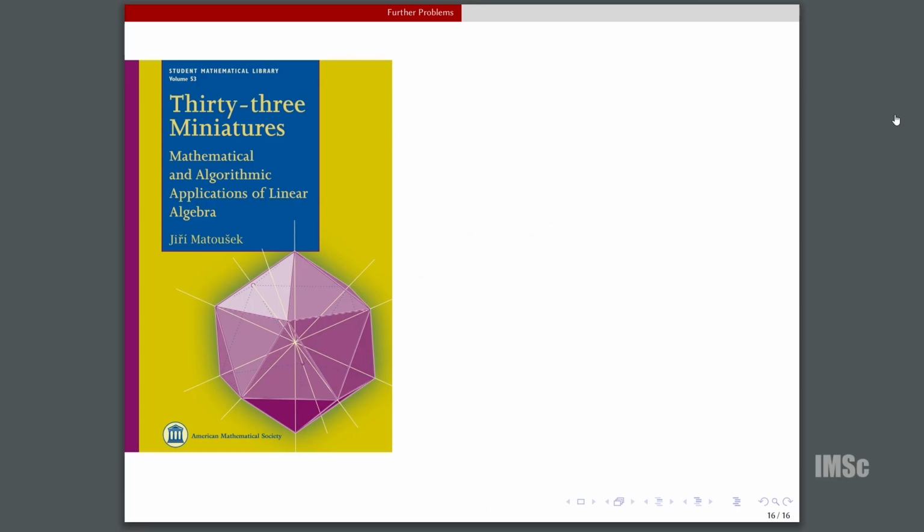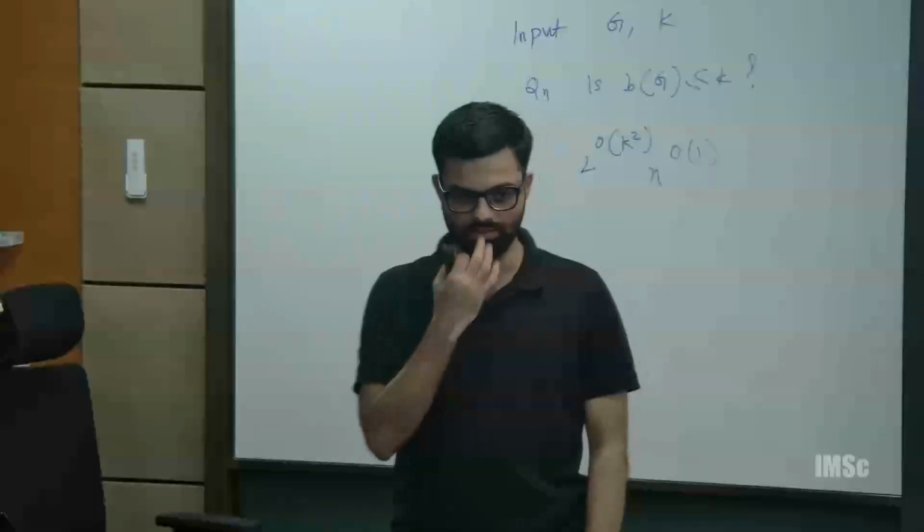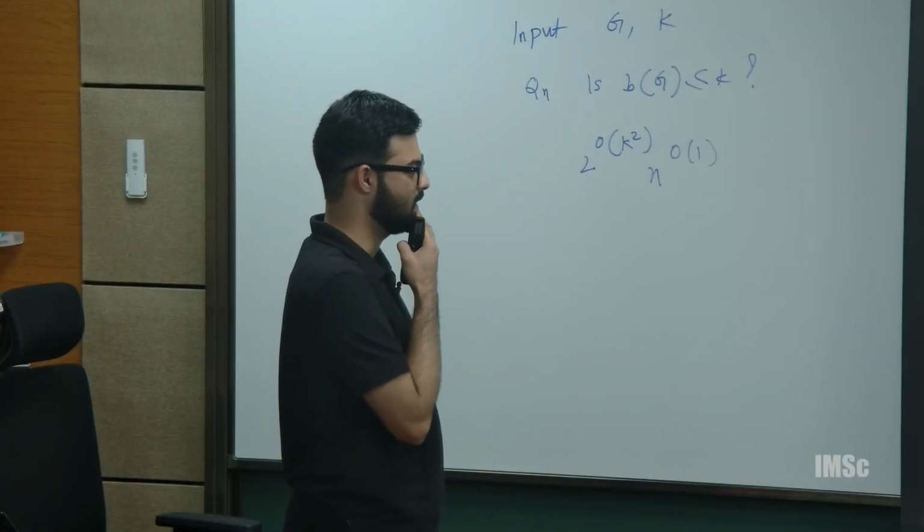Finally, I'll just mention this book that I recommend you look at for more applications of linear algebra. The Graham-Pollak theorem proof is there in this book as well. The proof is slightly different, and there might be many other problems that you have seen before in the last 2-3 days that you will see here as well.